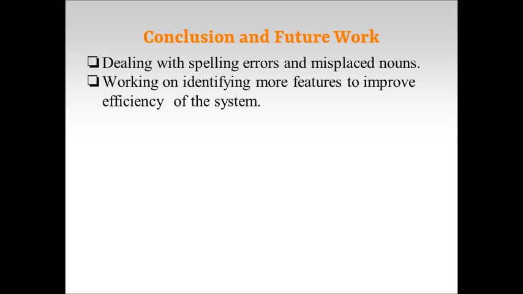And also misplaced nouns, like for example, when the user wanted to say a noun, let's say school, he would use a different noun like institution or something. How do such misplaced nouns change the behavior of the understanding of the system? And also, as we can see, our accuracy is 70%, and in future we would like to identify more features which will help the system understand the article microsystem more precisely and give us good results.